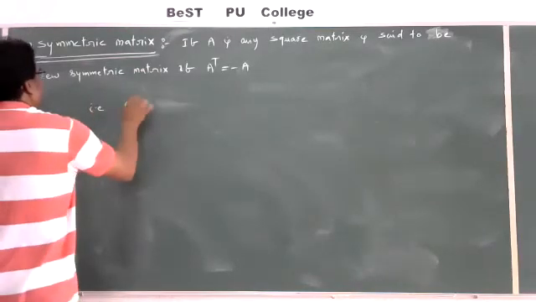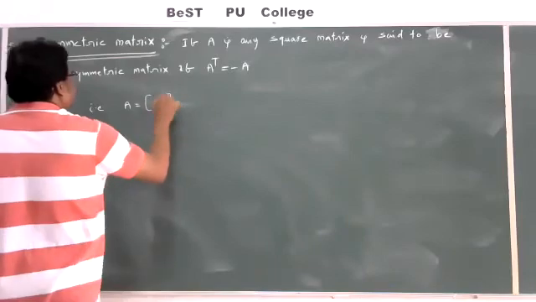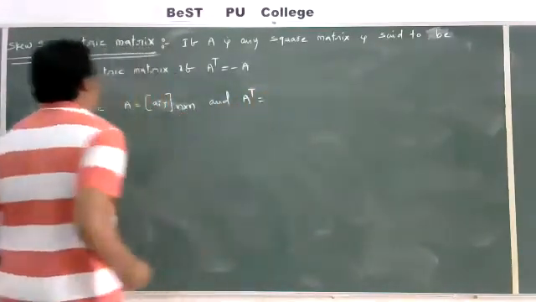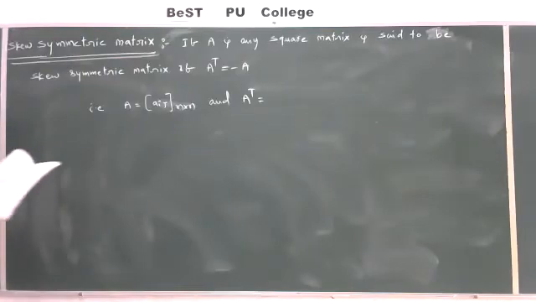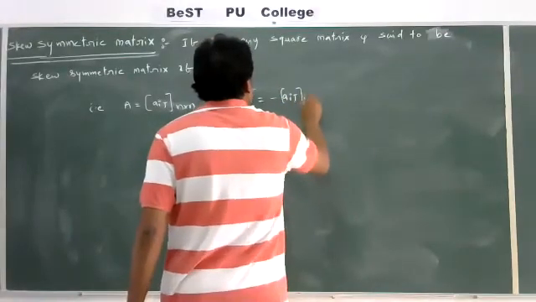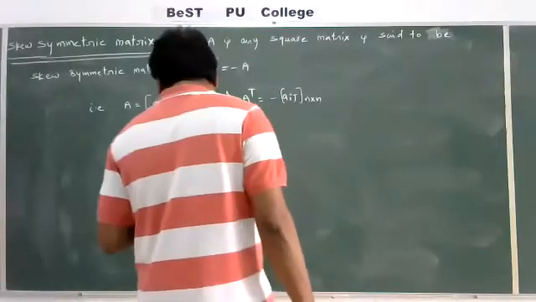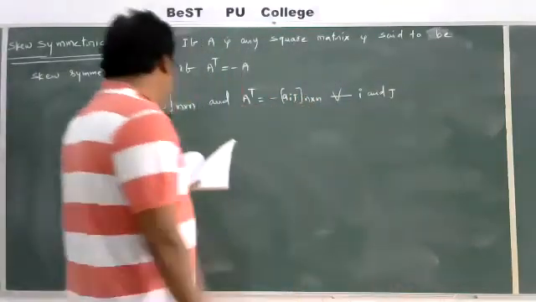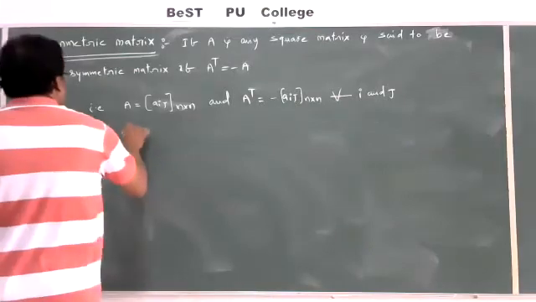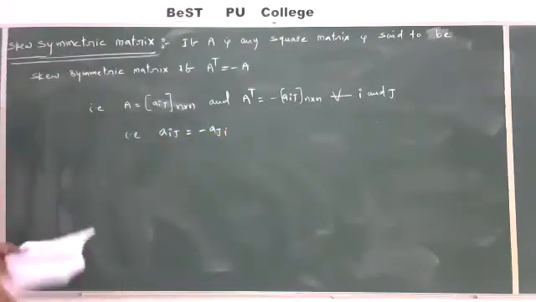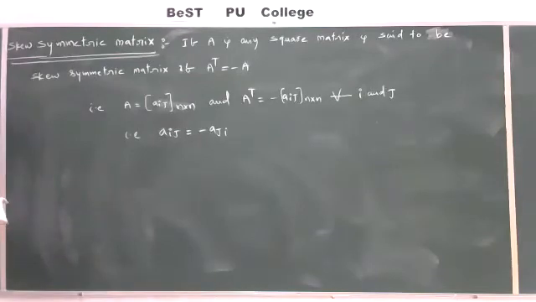That is, A is equal to Aij n by n matrix and A transpose is equal to minus Aij n by n for all i and j, that is Aij is equal to minus Aji.